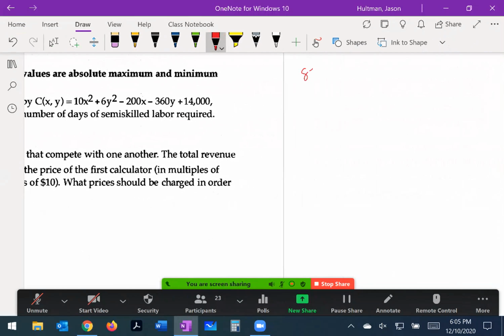87. Okay, so C of X, Y. Let's find our C of X, just with respect to X. So that's going to be 20X, the 6Y goes away, then it's minus 200.